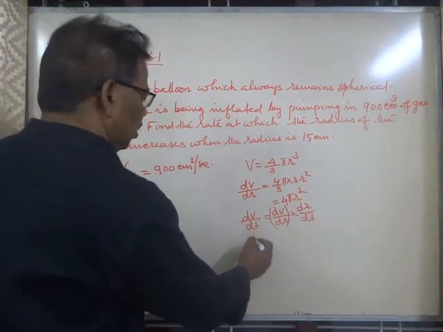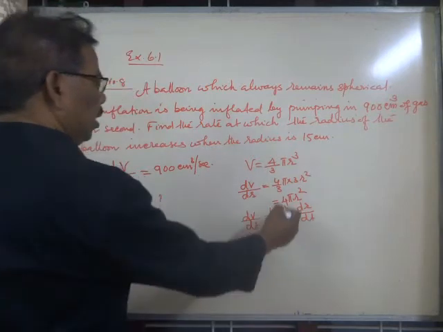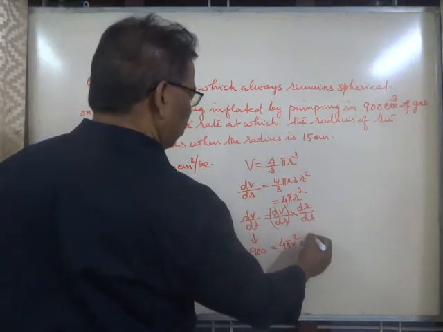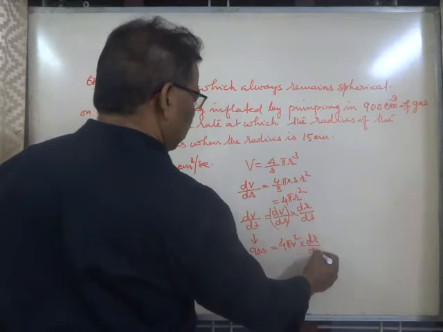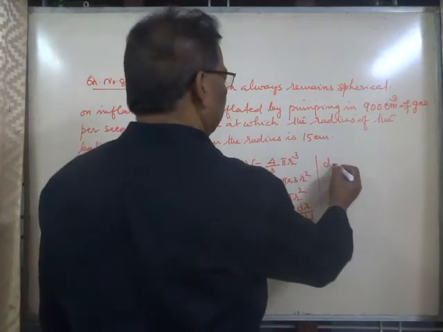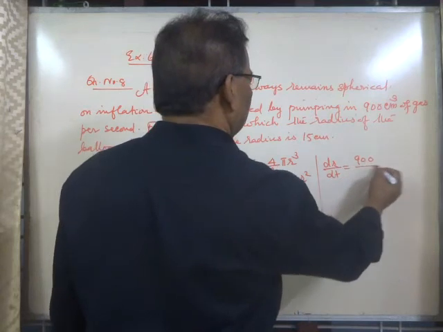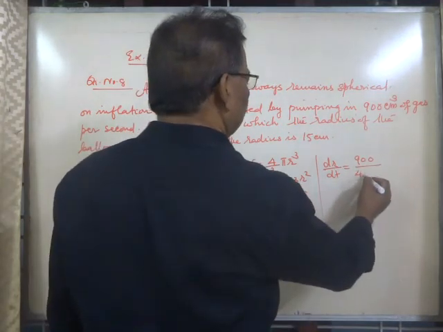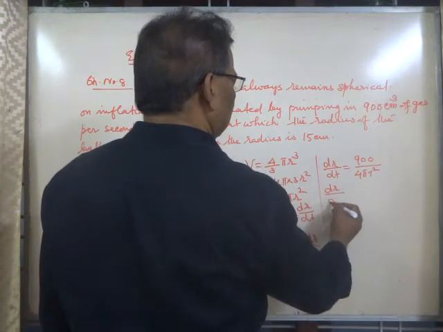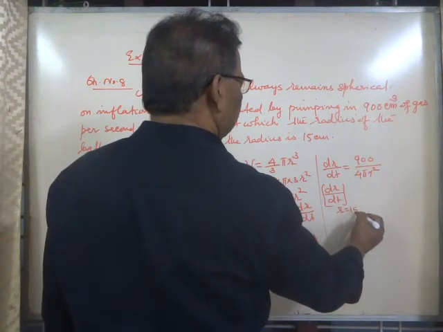Now dV by dt is given to be 900, is equal to dV by dr, which is 4 pi r square, into dr by dt. Therefore, dr by dt is equal to 900 divided by 4 pi r square. Now we want to find out dr by dt when r equals 15.